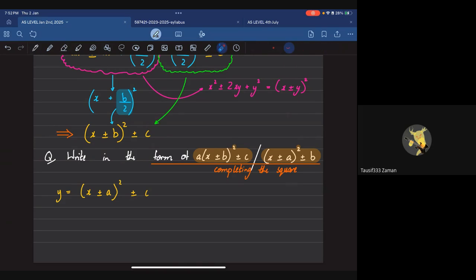Whatever value or constant you have inside the bracket is going to be useful for you in order to tell you the x-intercept of the equation.